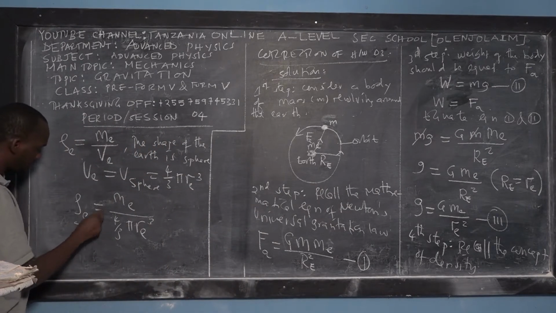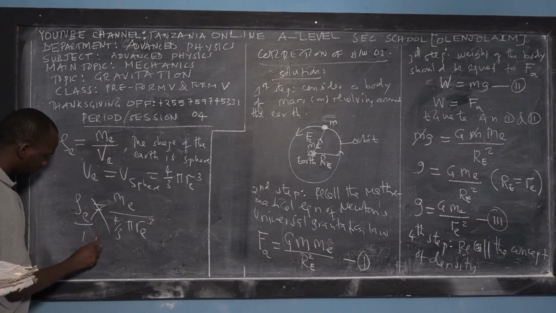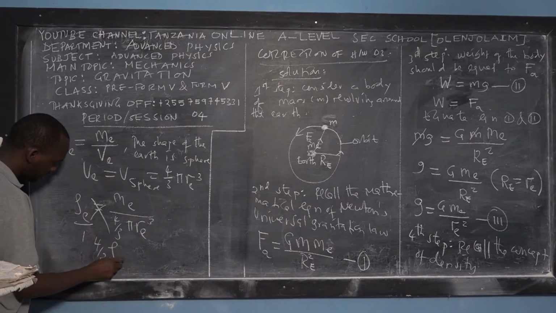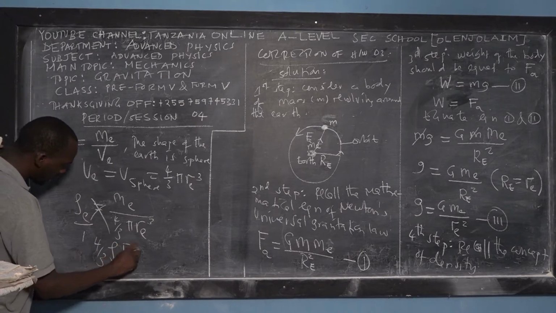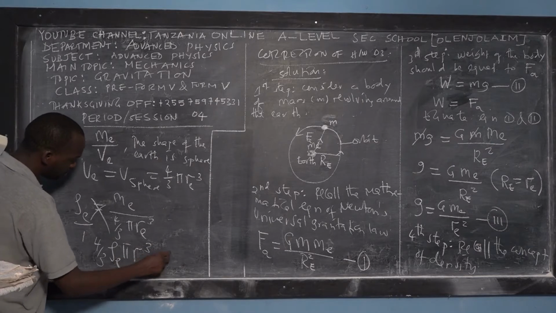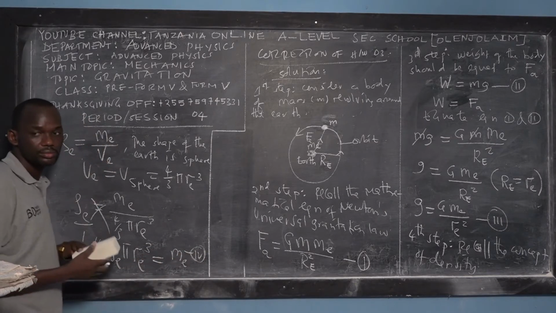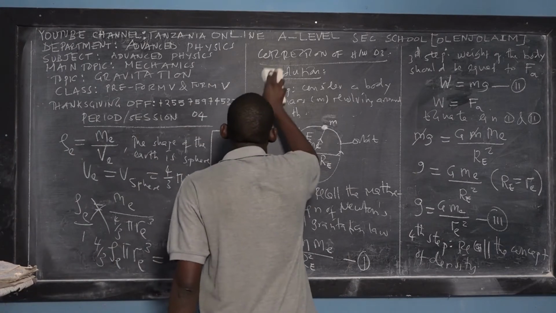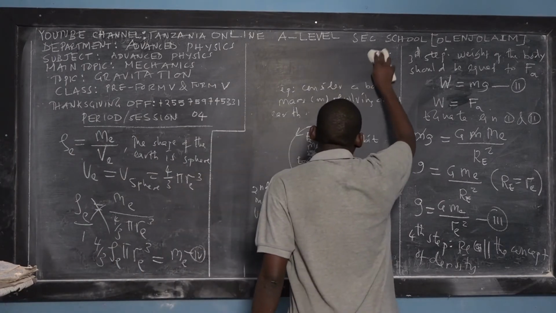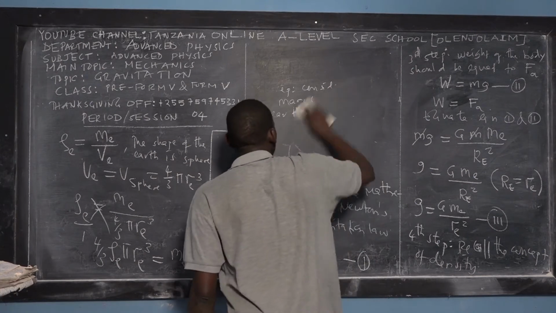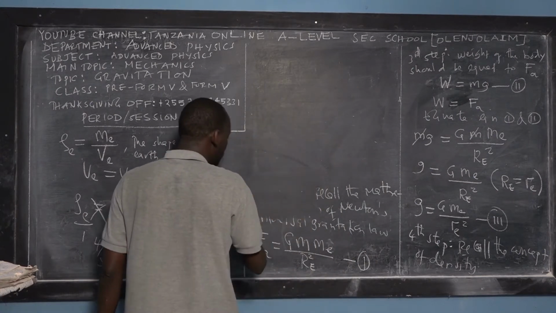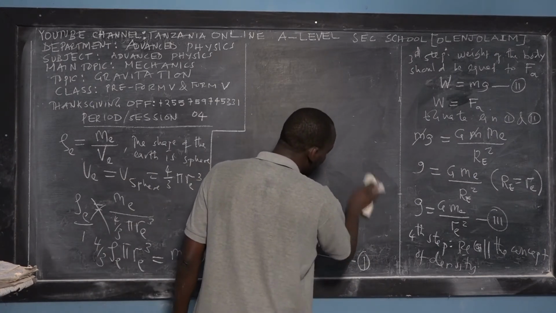So then this is over 1, the cross multiplication. Then we have 4 over 3, density of the S, pi, radius of the S cubed, is equal to the mass of the S, and this will be equation 4. I believe you enjoy the beauty of physics, and especially the beauty of gravitational mechanics.